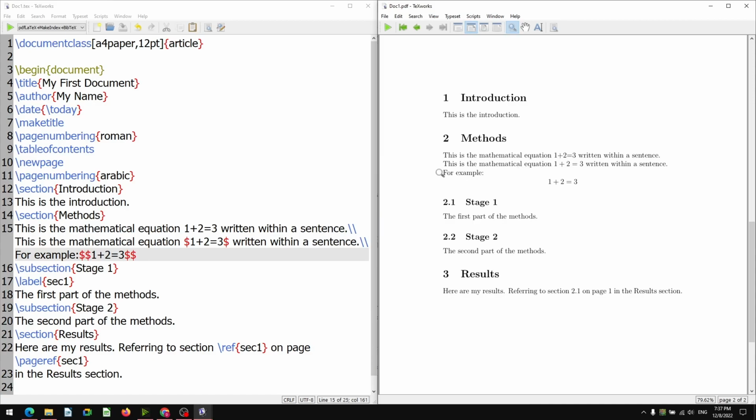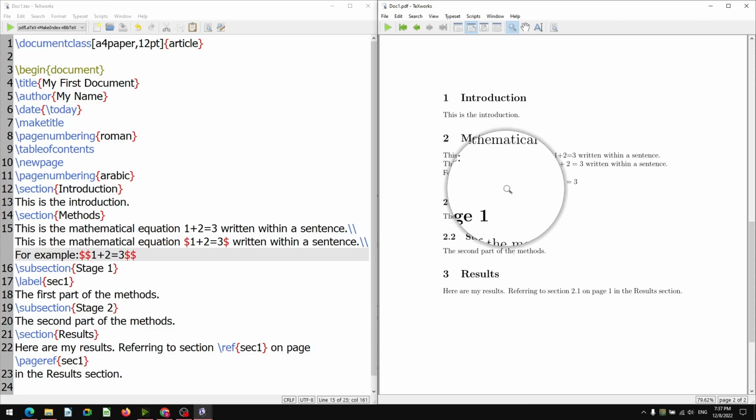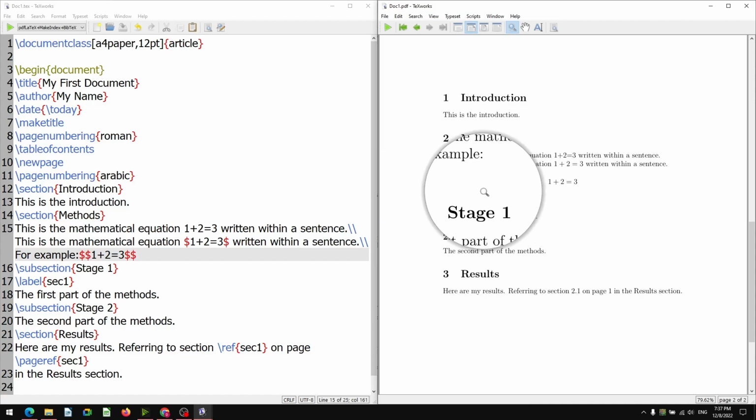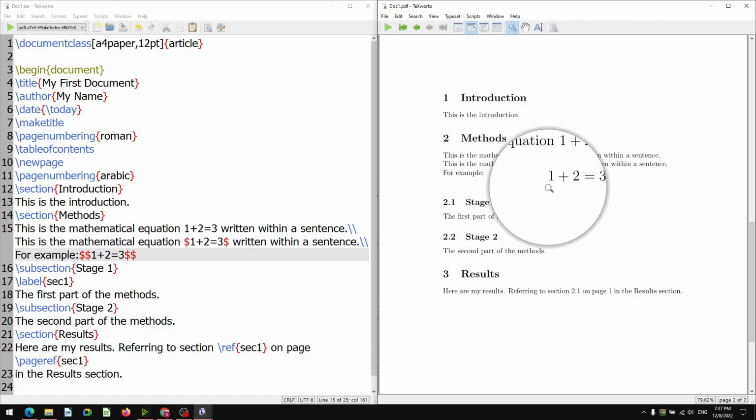Two backslashes, new line, for example colon, and after the colon there are double dollars and 1 plus 2 equal to 3, again double dollars. So this goes into a separate line and is displayed as an equation, due to the double dollars.